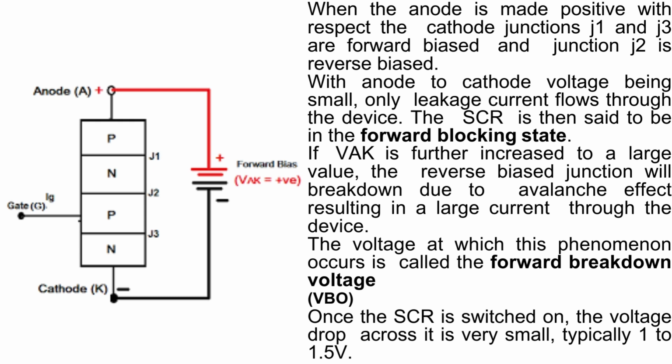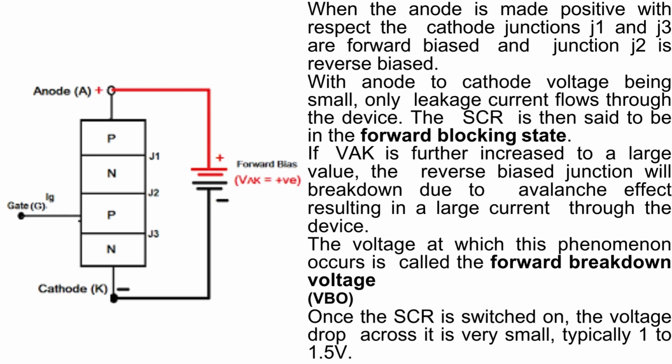When the anode voltage is made positive with respect to the cathode, junctions J1 and J3 are forward biased and junction J2 is reverse biased. With the anode to cathode voltage being small, only leakage current flows through the device. The SCR is then said to be in the forward blocking state.